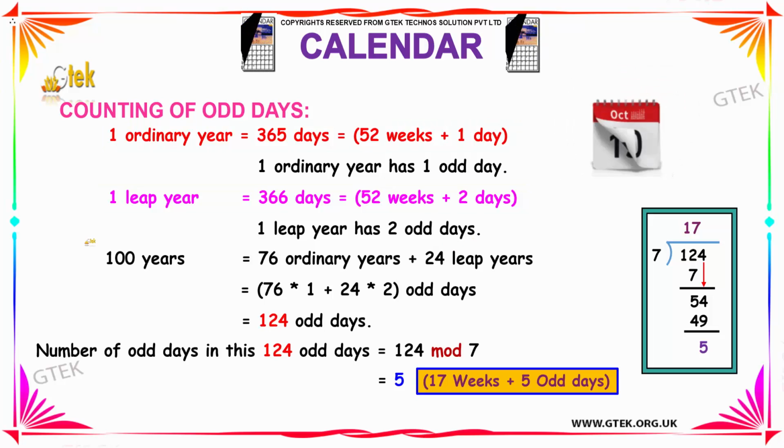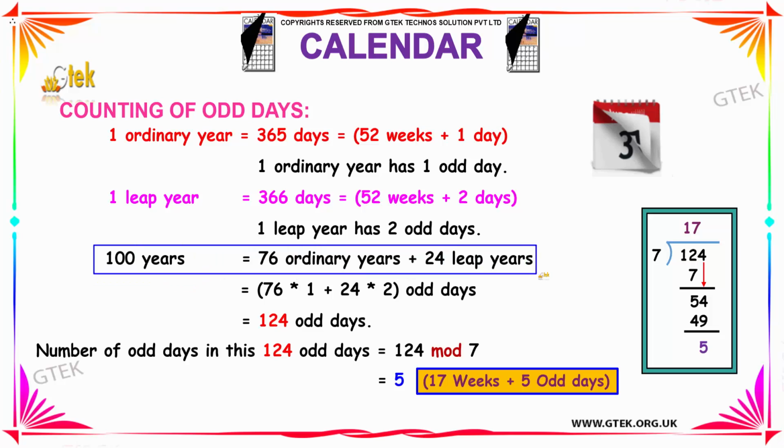To calculate the number of odd days in 100 years, we have to know the total number of odd days in ordinary years and leap years. For that, in 100 years we have 76 ordinary years and 24 leap years.